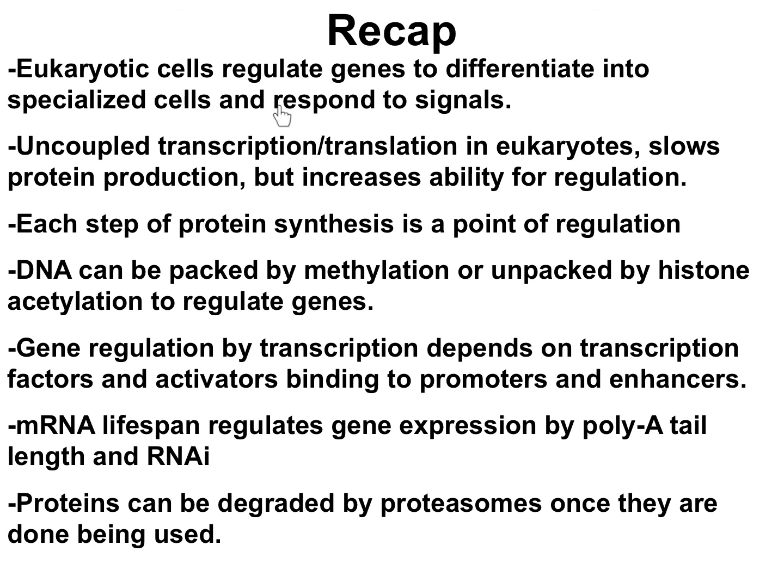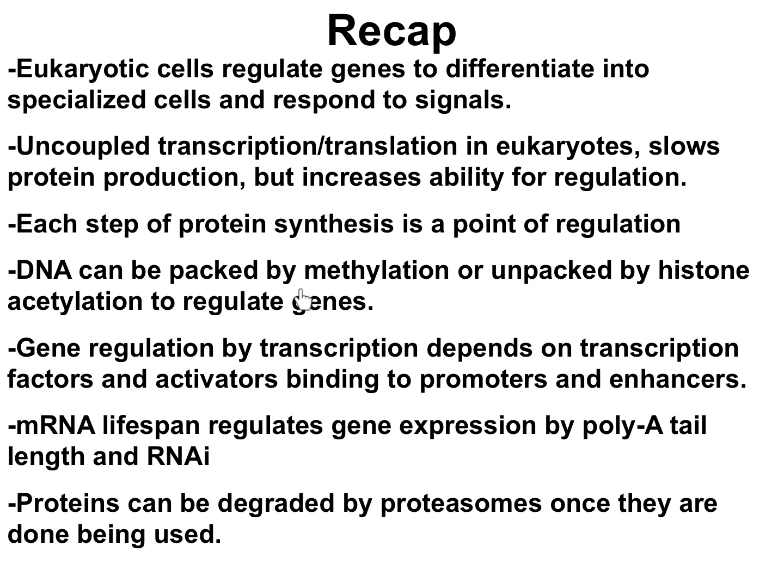Eukaryotes need gene regulation to form differentiated cells, and then for those cells to respond to signals they receive. Eukaryotic gene regulation takes advantage of the breaks in the stages of protein synthesis in eukaryotes. DNA packing is the earliest opportunity to increase gene expression by unpacking DNA or decrease gene expression by packing DNA.